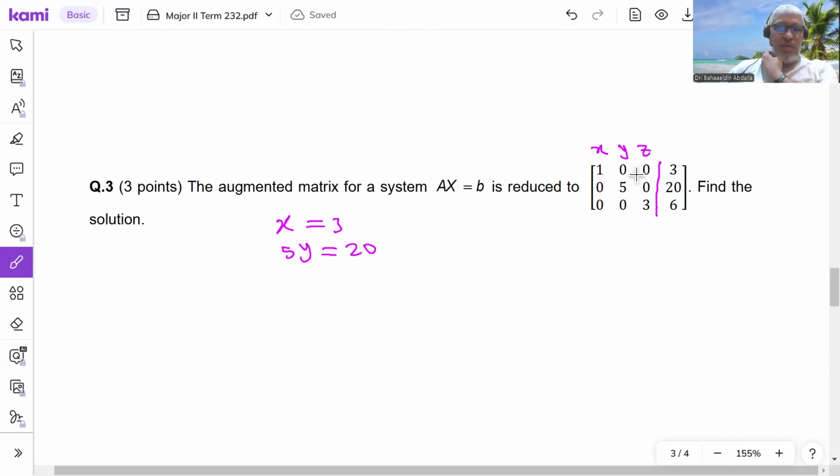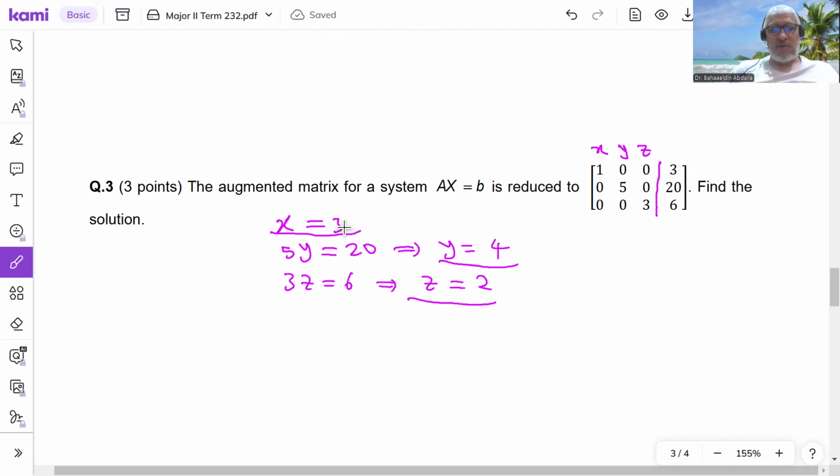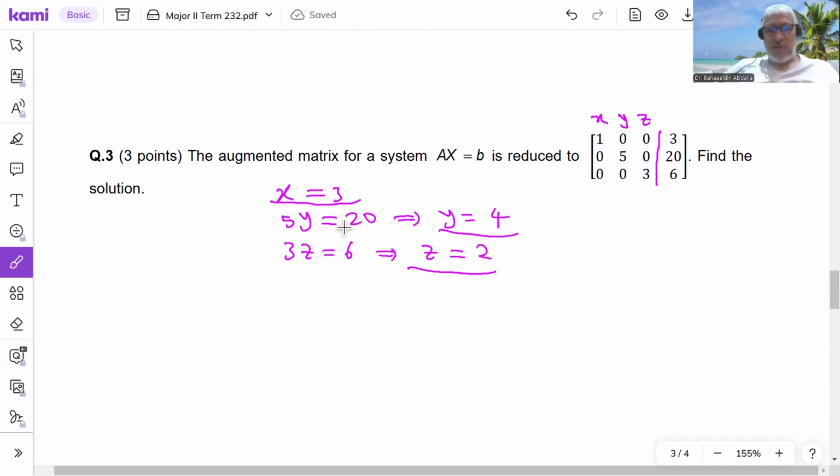So each line should be equal to its number. 5y equals 20, so y would be 20 over 5, that's 4. 0x, 0y, 3z equals 6. So z is 6 over 3, which is 2. So these are the values of the variables, the solution of the system. You can keep it like this, or you can write it as an ordered triple: the value of x first, then y, then z.